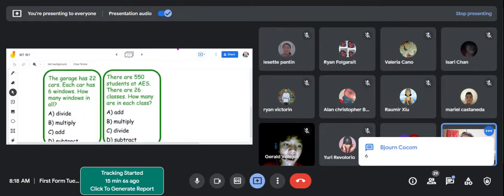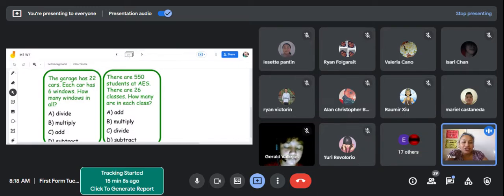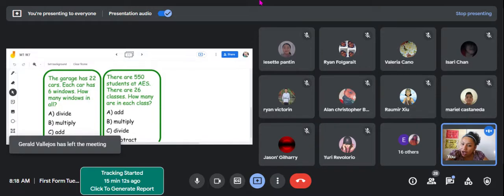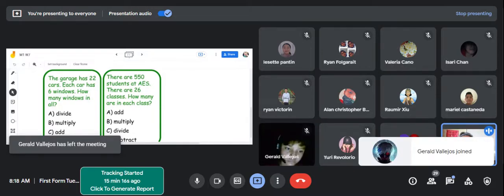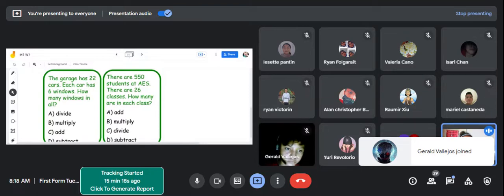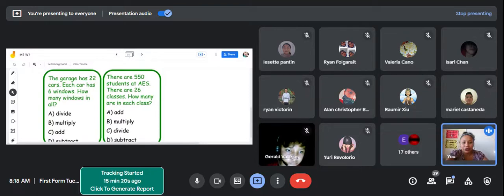Next, the garage has 22 cars. Each car has 6 windows. How many windows in all? What are you doing in that question? Multiplying. Very good.